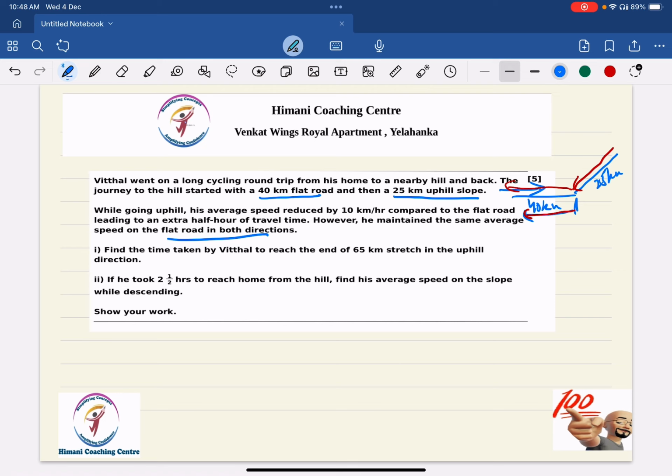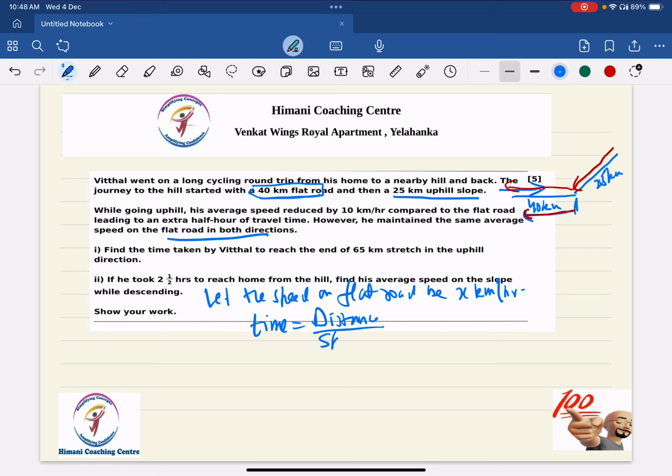Now, this is a 5 marker question. So we will assume that the speed on flat road be x kilometer per hour. And he covered how much distance? 40 kilometer distance. Now remember, time is equal to distance divided by speed.